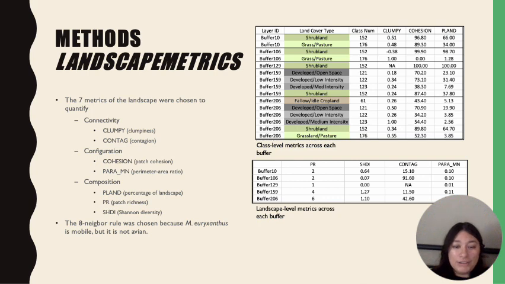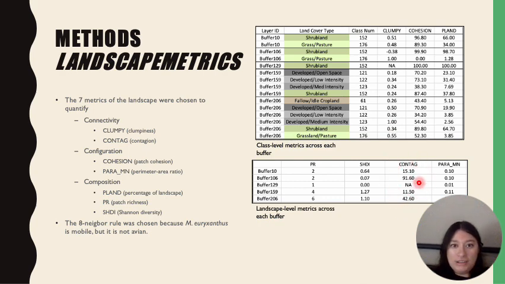Diving a little further into the analysis using landscapemetrics, I used 7 different metrics to analyze and quantify the 3 C's of landscape, which are connectivity, configuration, and composition. For connectivity, I used CLUMPY at the class level, and I used contagion at the landscape level.